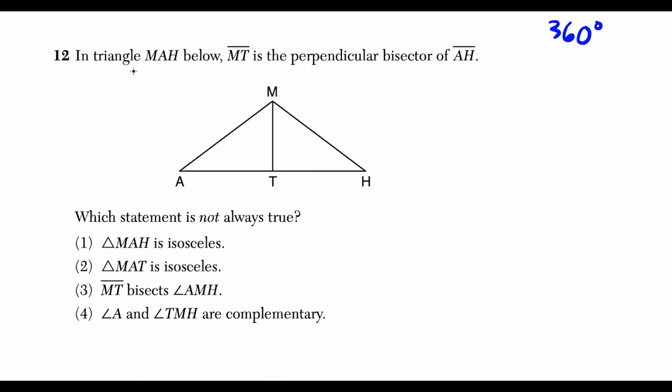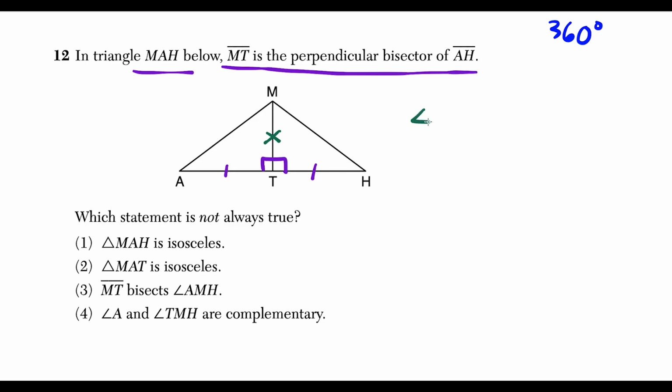Question 12, we have triangle MAH, and MT is a perpendicular bisector of AH, which means if we draw this in, this angle is 90 degrees, and these two sides are going to be equal in measure. Now the first thing that jumps out at me is that these two triangles share the side MT, which means that these two triangles are congruent by SAS.